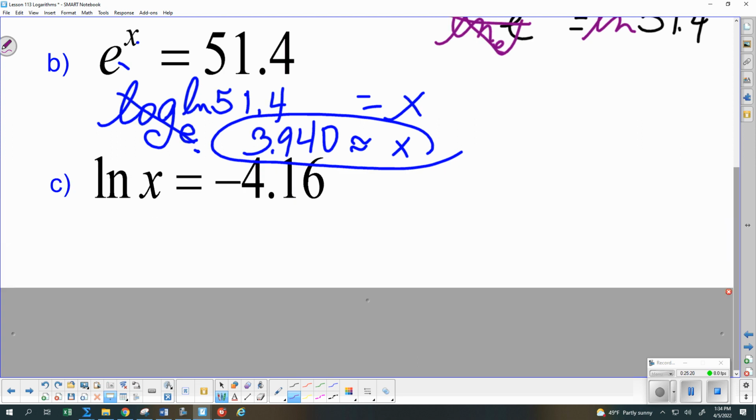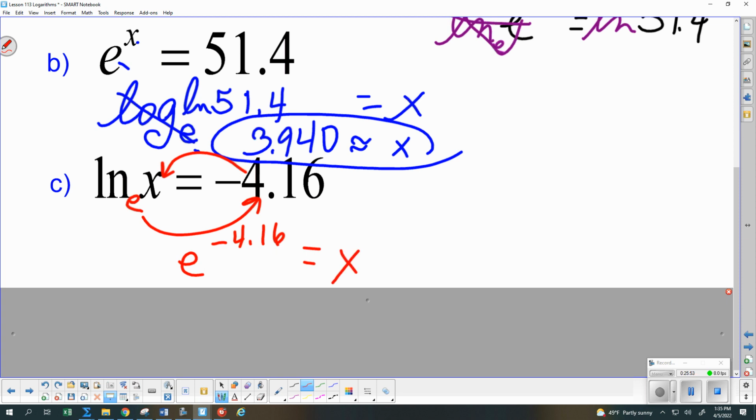And a couple more here. ln of x is negative 4.16. So let's convert that to exponential form. What is my base on ln? So if I change that to exponential form, what do I have? Daniel, what do I have? e to the negative 4.16 equals x.